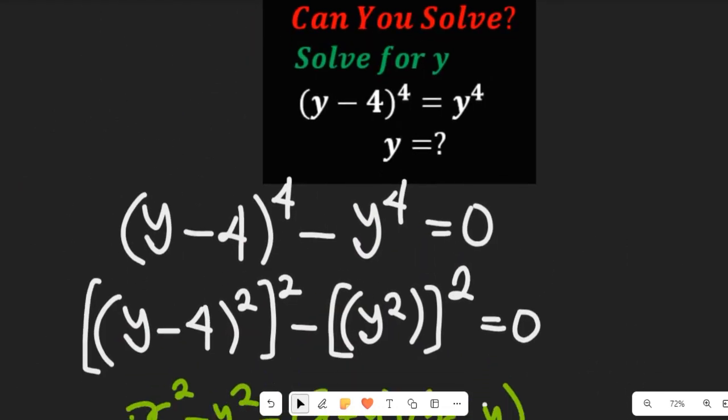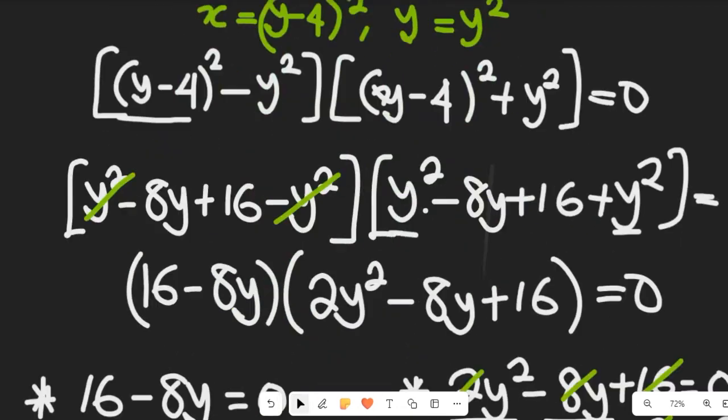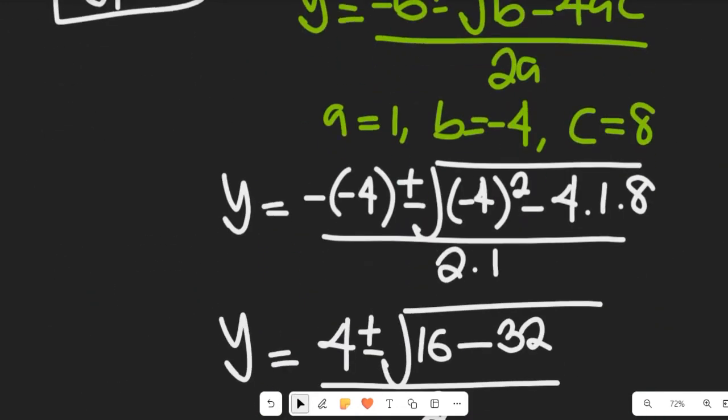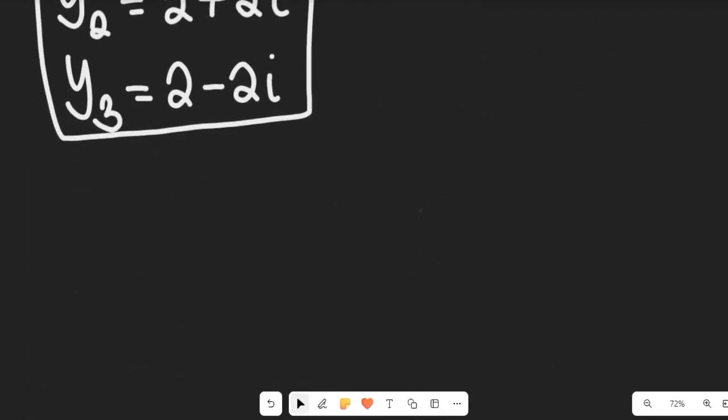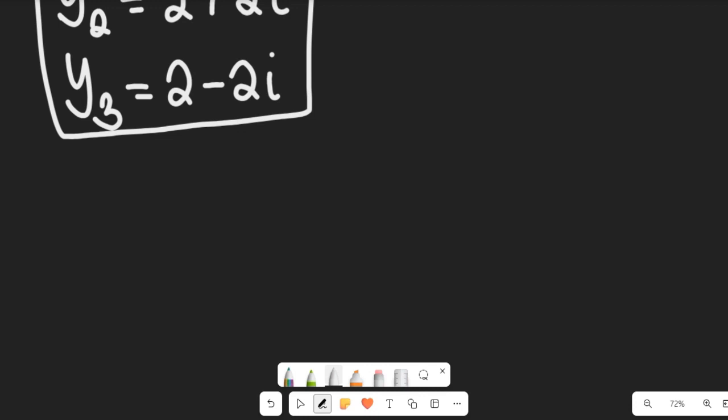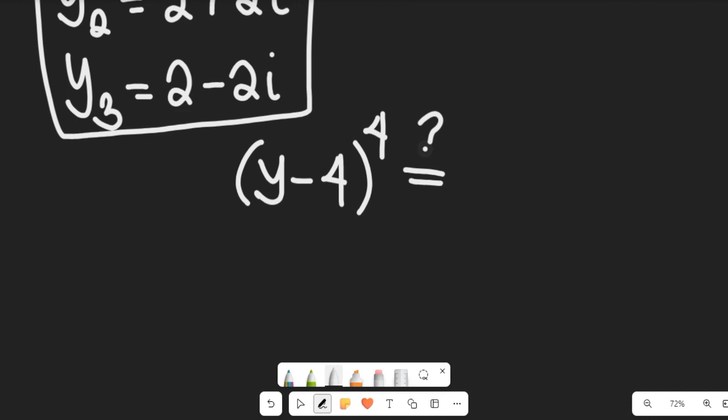I'm going to insert the value of y1 equal to 2 into that expression. So if I insert the value of y1 equal to 2 into that expression, this whole expression will now give me, I have y minus 4 all to the power of 4. Will it be equal to y to the power of 4?